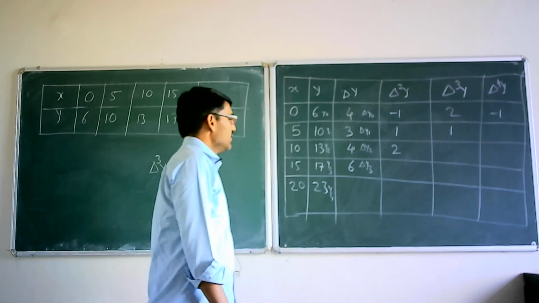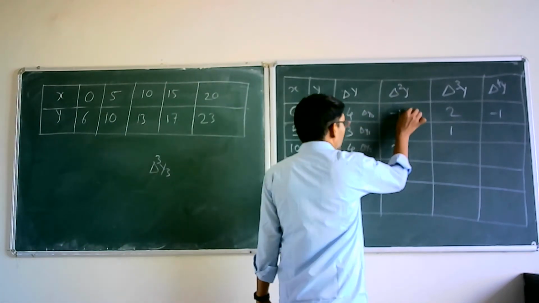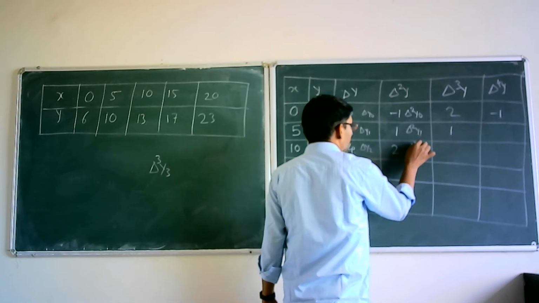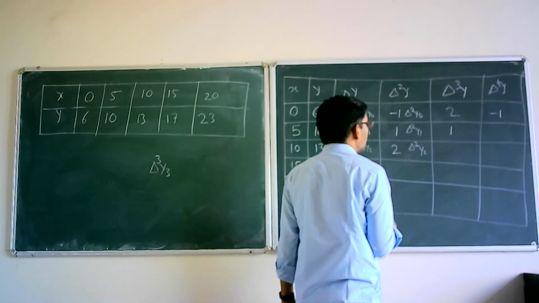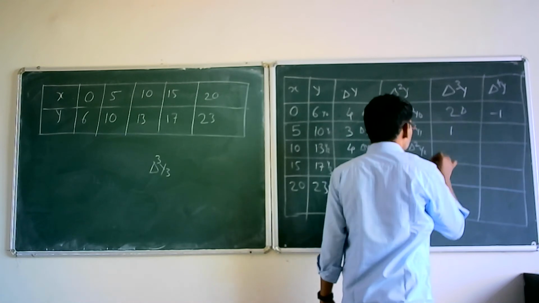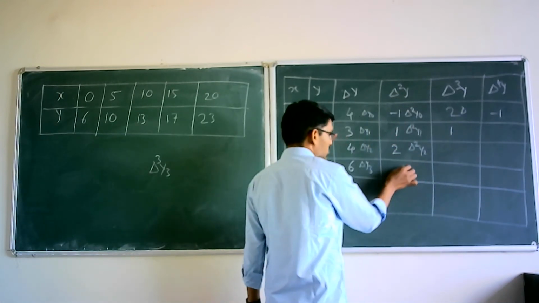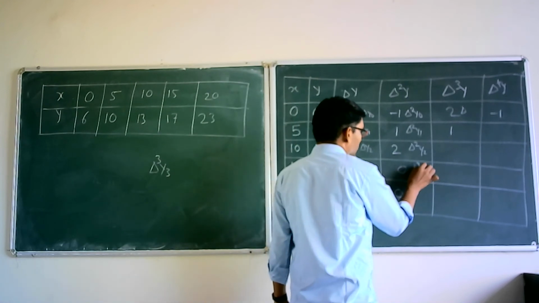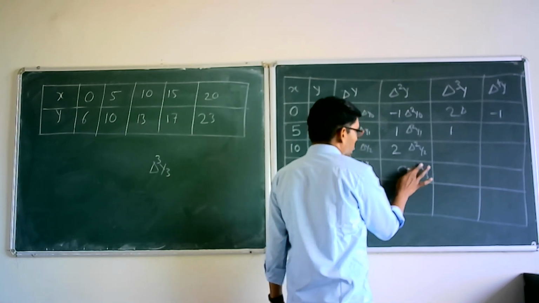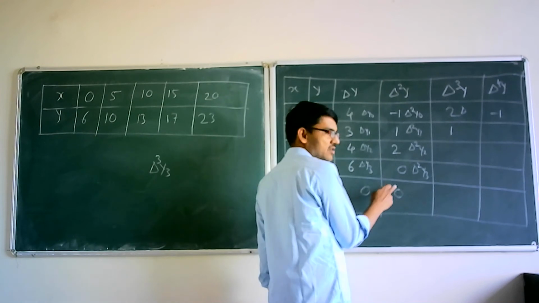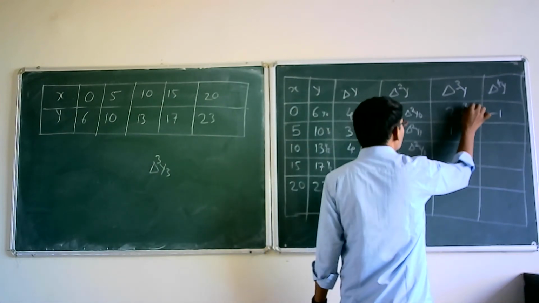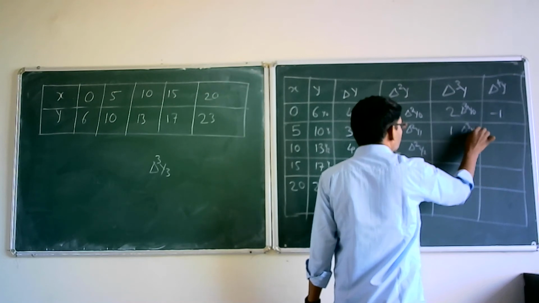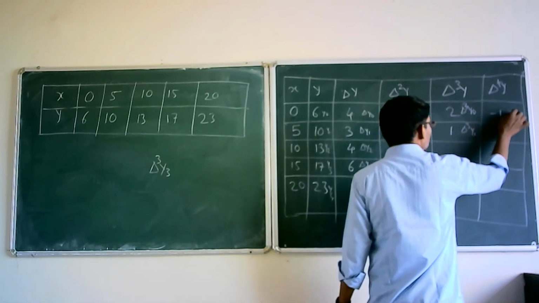Then delta square y0, delta square y1, delta square y2. Then delta cube y0 and delta cube y1, and this is delta 4 y0. The rest are all zeros.